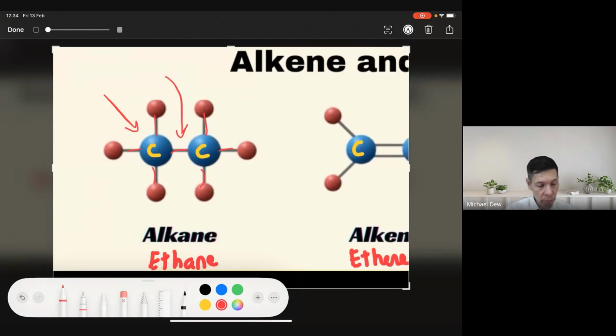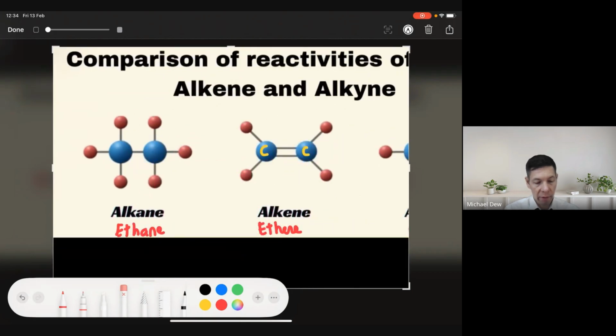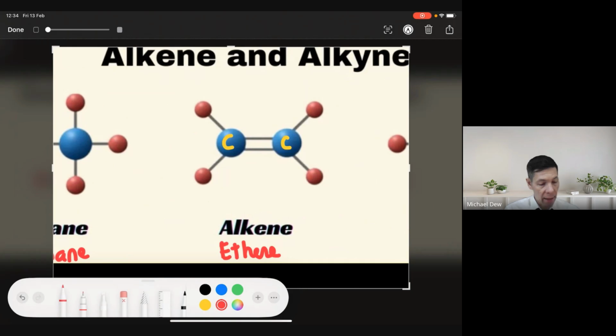All right, and then here on the next example, since both carbons already have 2 bonds, that only leaves room for 2 more bonds for each carbon, so we can only add 2 hydrogens.